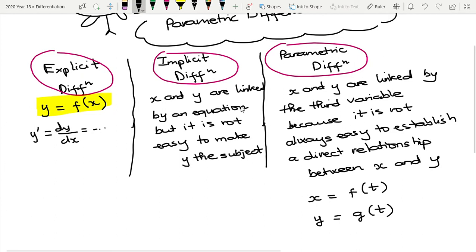So x and y are linked together by t. When t changes, x and y change as well. Somehow they still link together via t, but there's no obvious direct relationship between them.